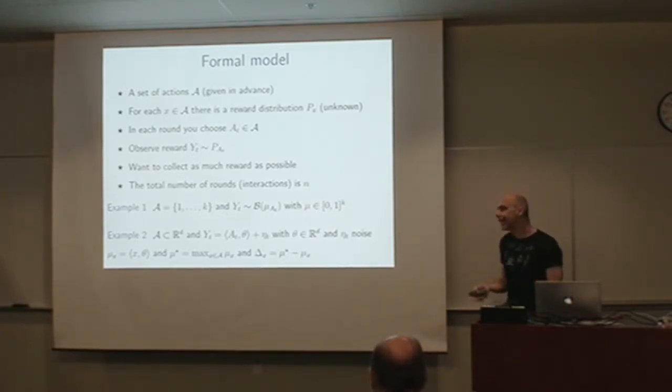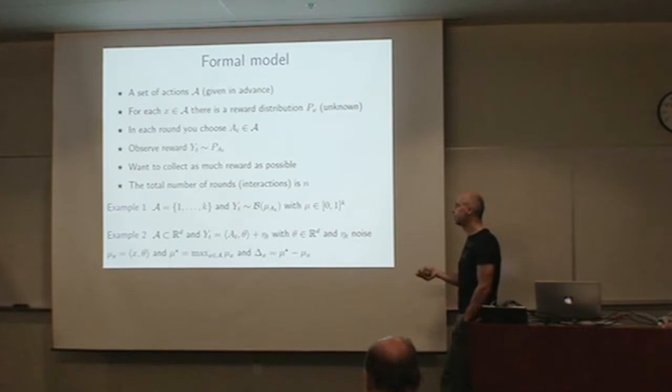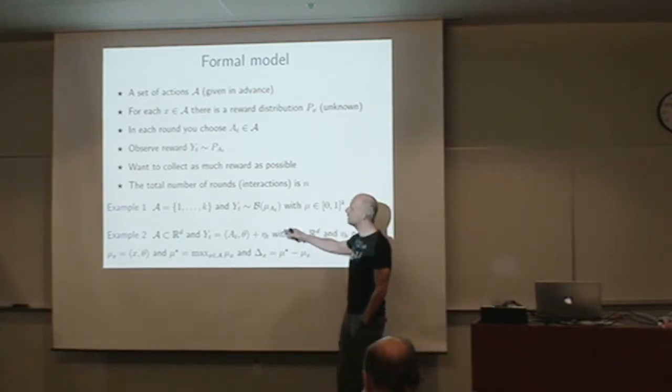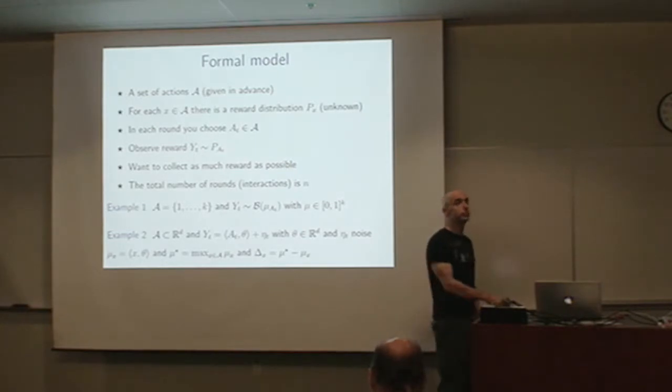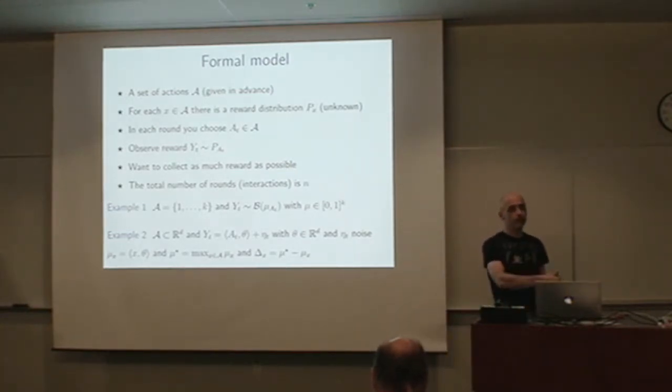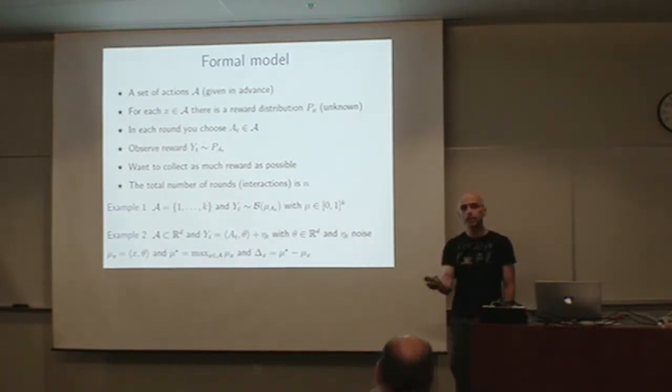So that's a nice generalization of the simple K-arm bandit problem, because it allows you to generalize from one arm to the next arm, so you can potentially learn with many more arms than it would be possible in the K-arm bandit setting, when you have to try every single arm in order to learn about that.